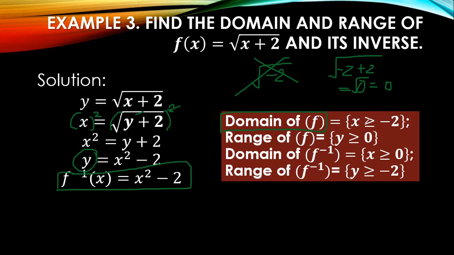So, hindi na po pwede yun dahil magiging negative na yung nasa loob ng radical sign. Okay? And the range, okay? So y must be greater than or equal to 0.